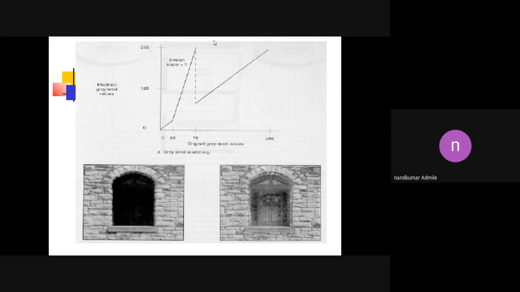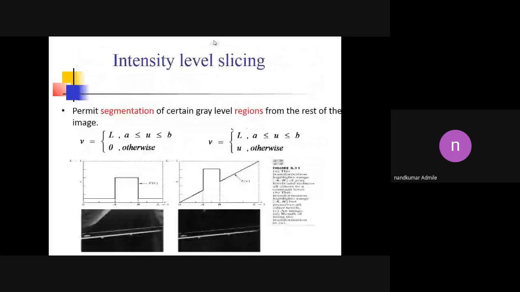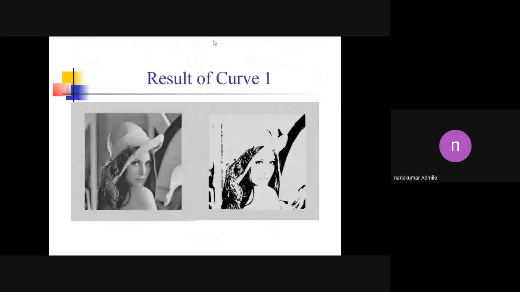If we observe the two diagrams, we can easily identify the change. The inside color of that window is total black, and we can improve only that particular area. It is possible due to intensity level slicing.